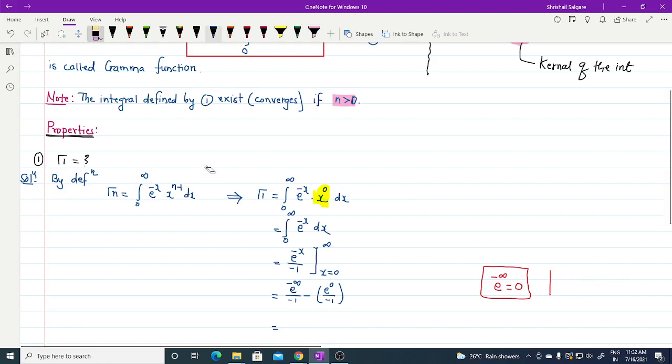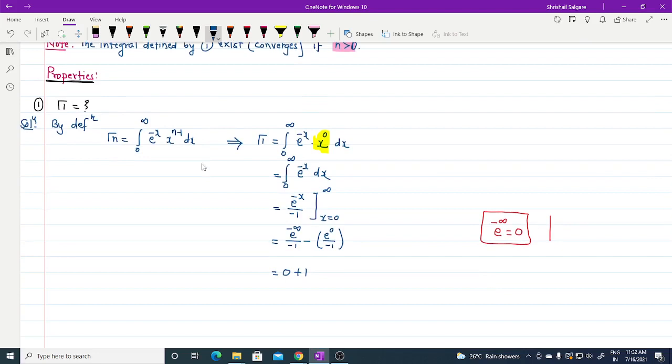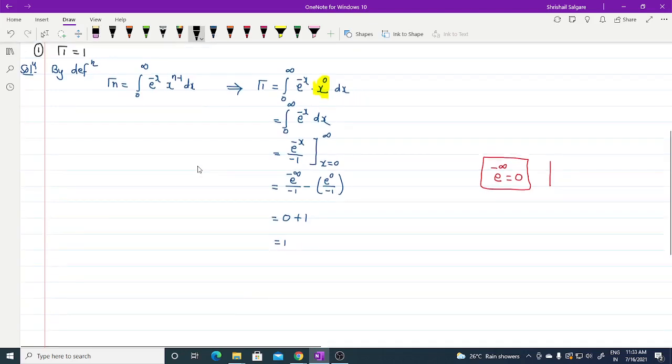That means the evaluation of the term at the upper limit is 0. Lower limit: minus and minus, and e to the power 0 is 1. So as the first property you can remember, gamma 1 is equal to 1. While solving an example, if you get gamma 1, you directly replace it with the value 1.